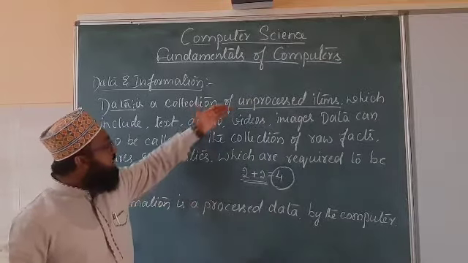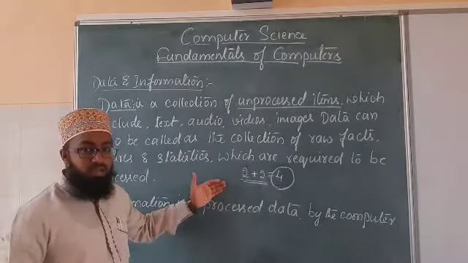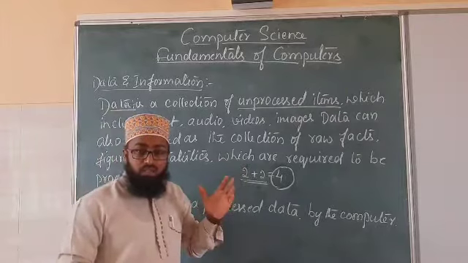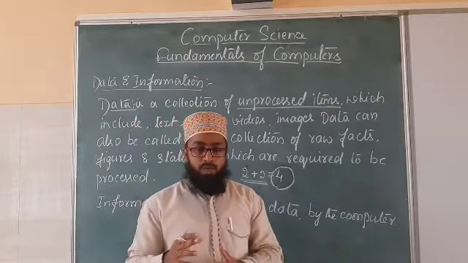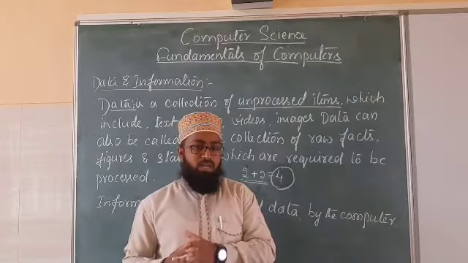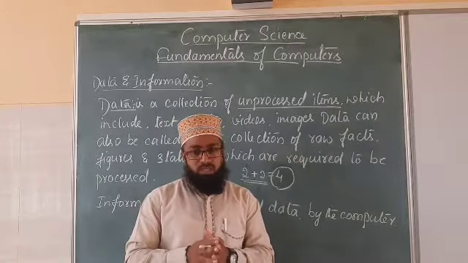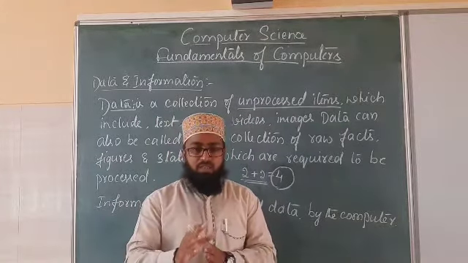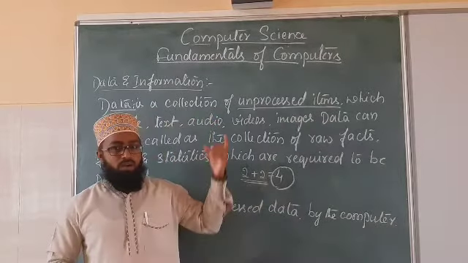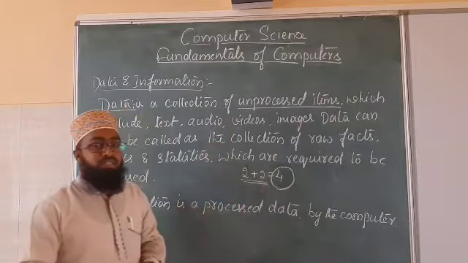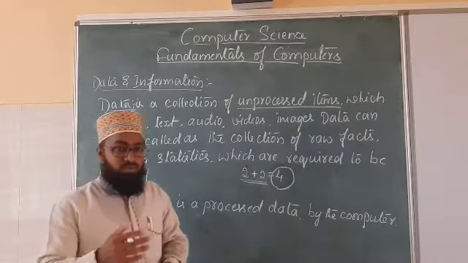Remember one more thing, data and information are the most commonly used terminologies in computers. Data is called the unprocessed items and information is called the processed data. Hope you have understood regarding data and information.